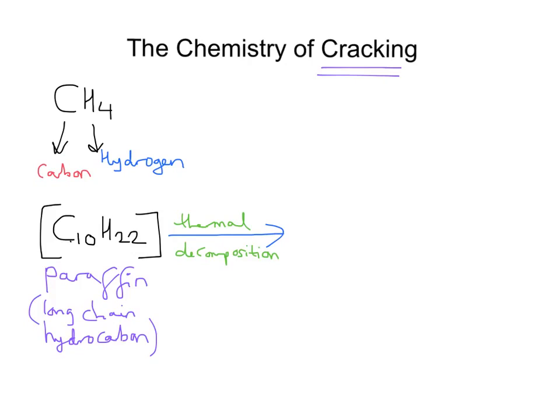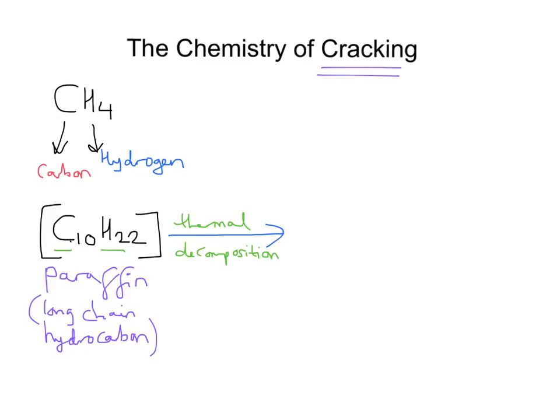There are strong covalent bonds within this hydrocarbon chain. Covalent bonds form between atoms of non-metals and other non-metals, and as both carbon and hydrogen here are non-metals, we've got these strong covalent bonds that we need to break.